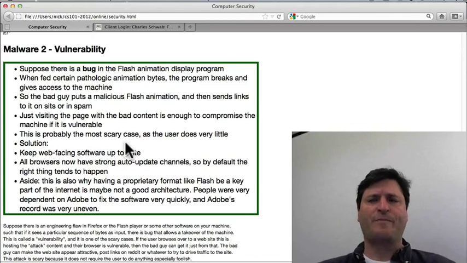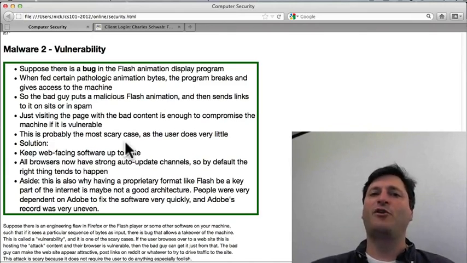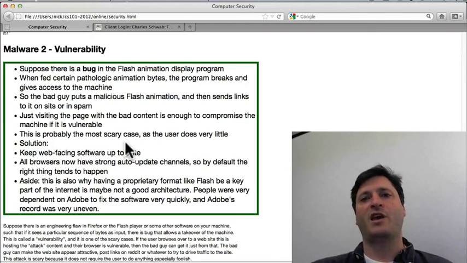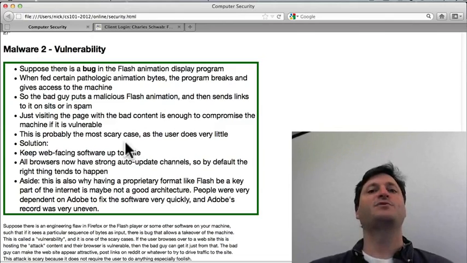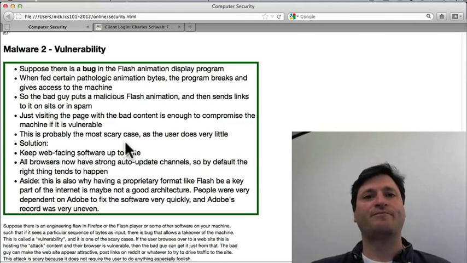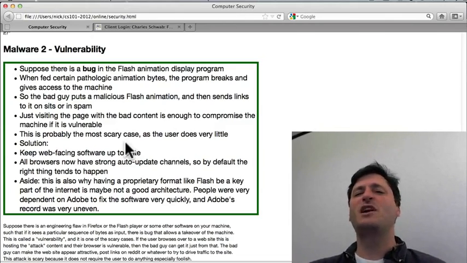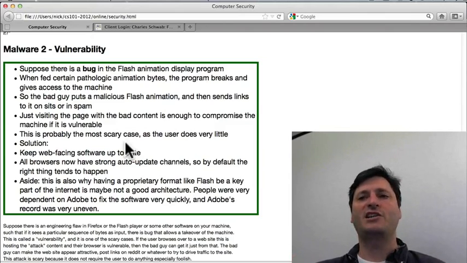The good news is that by far the most common way that this is exploited by the bad guys is there's some vulnerability in Flash software. And Adobe figures this out, and within, say, a month, they update a new version that fixes it. And then it might be 6 months or a year later, the most common attacks out there are dealing with vulnerabilities, actually in some cases, that have been fixed for years.